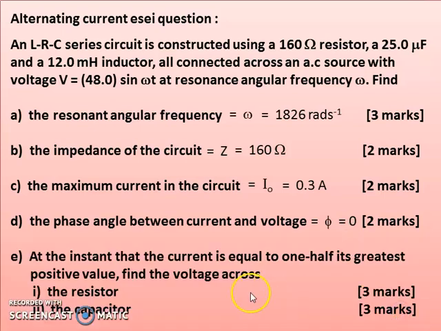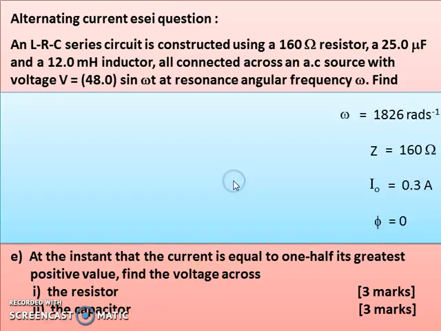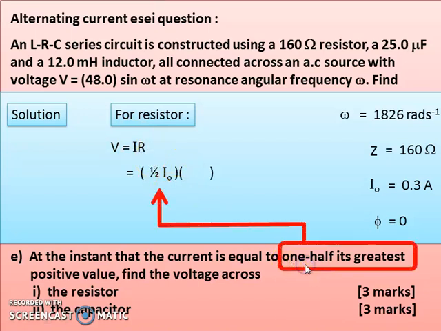And lastly, question E. At the instant that the current is equal to 1/2 its greatest positive value, find the voltage across the resistor and the capacitor. So the solution is, we do the resistor first. From the equation V equals IR, I is 1/2 its greatest positive value, so half I peak.